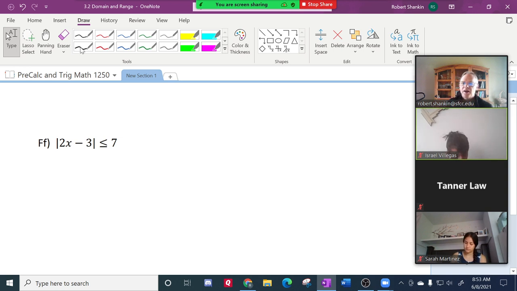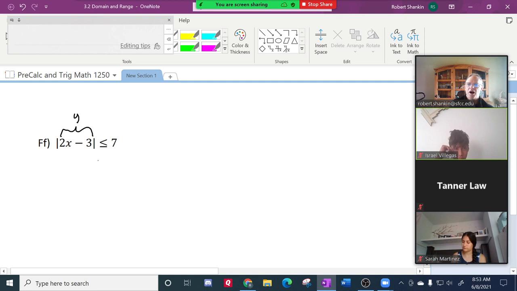Okay, so this being a less than inequality, I treat it as if this was just the same way if this had been replaced by a single letter y. If it was y less than or equal to 7, then what would I do?